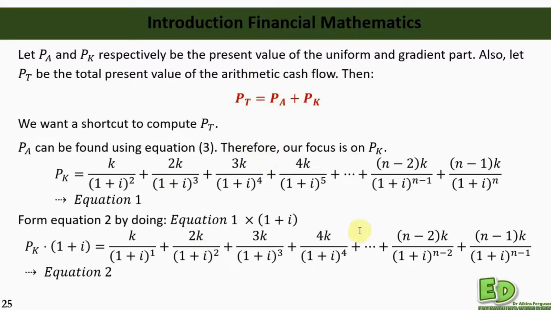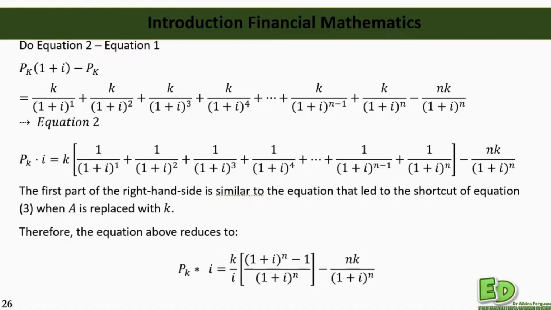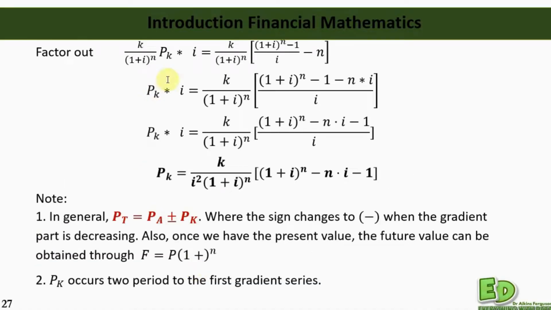You go through this series of steps. This is not a maths class, so I'll skip this series of steps to get the PK formula. So to find the PK here, this is the final formula over here. It says that to find the total, we know the PA already to be the present value of a uniform cash flow formula, plus or minus the PK.